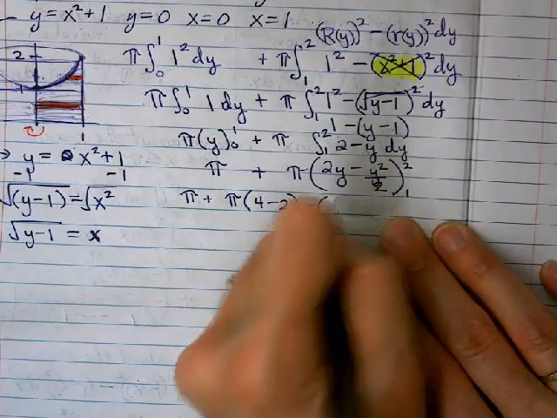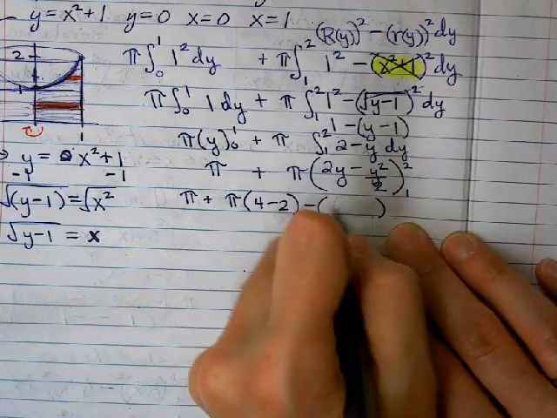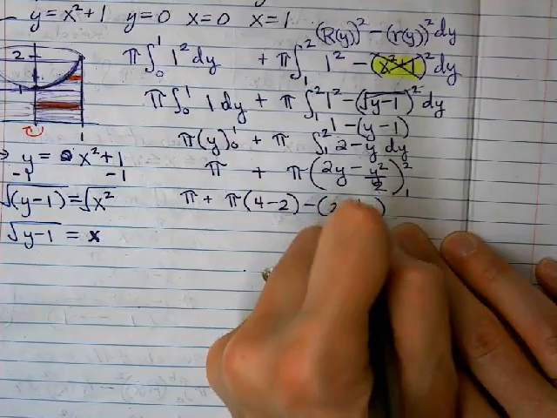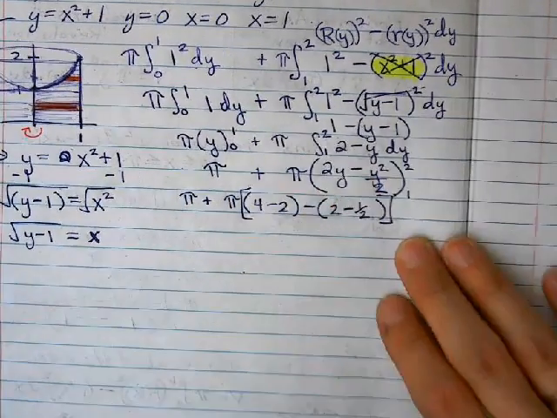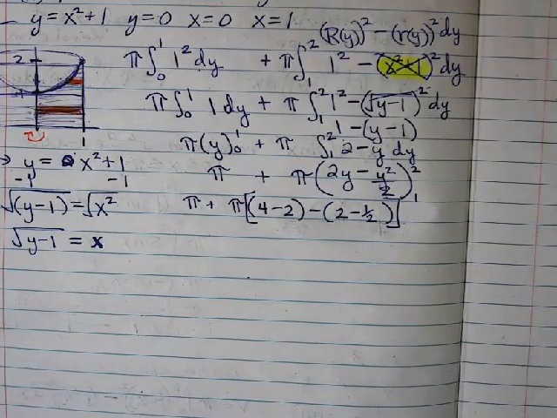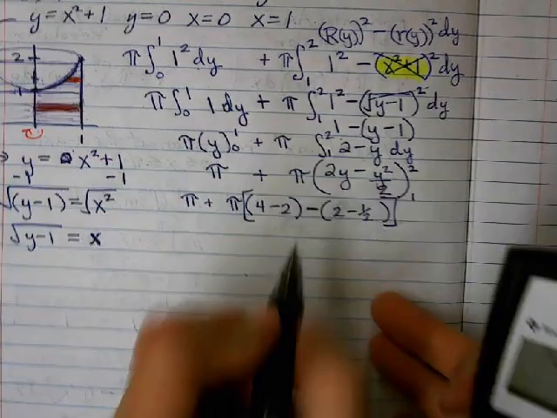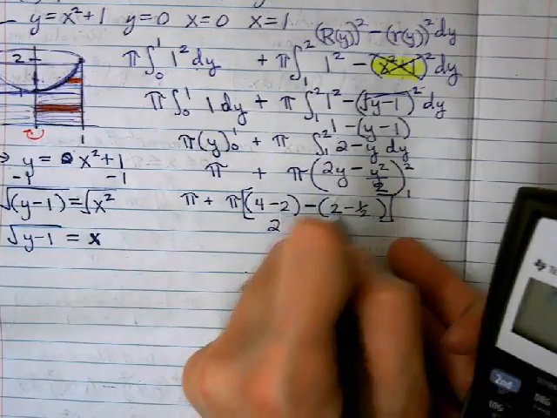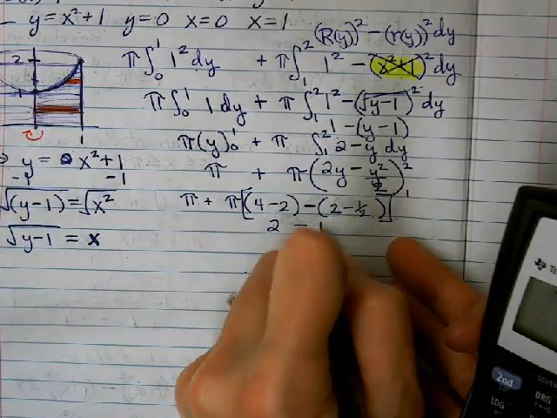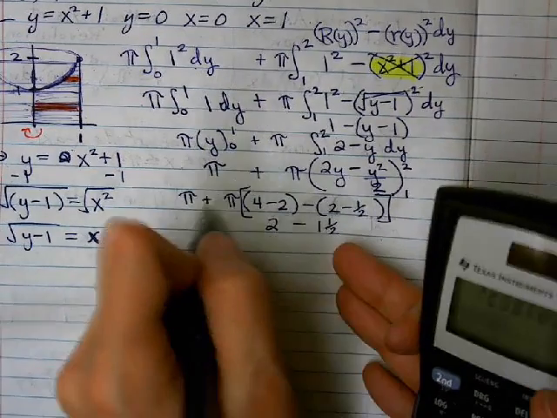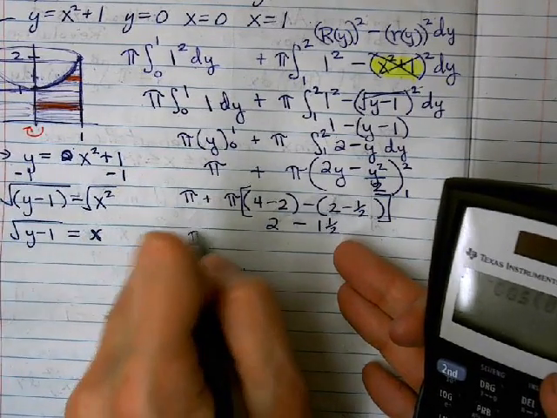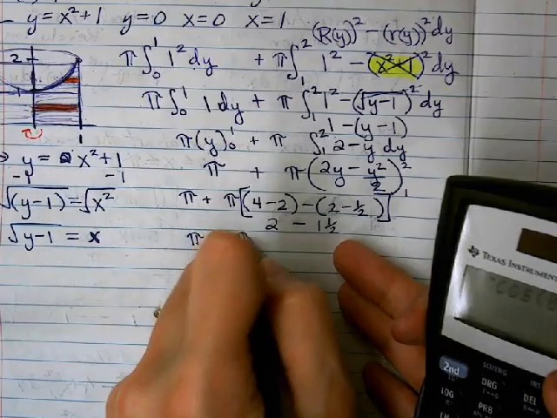I can figure all that out, and then we'll get our answer. Let me get a calculator. Okay, 2 minus a half, that's 1 and a half. So 2 minus 1 and a half is a half. So pi plus pi over 2, that'd be 3 pi over 2. There's my answer, 3 pi over 2.